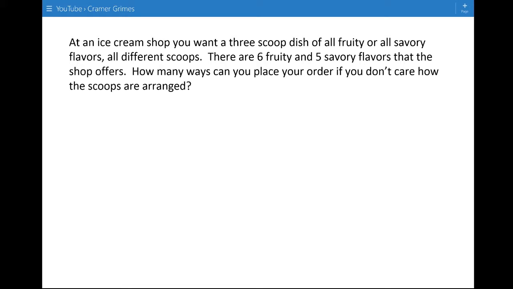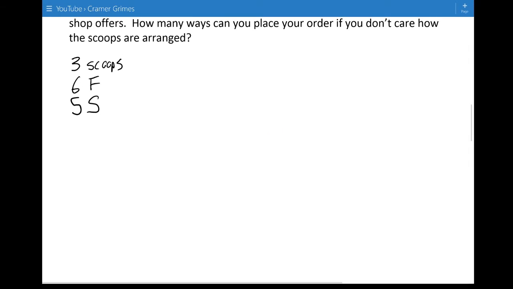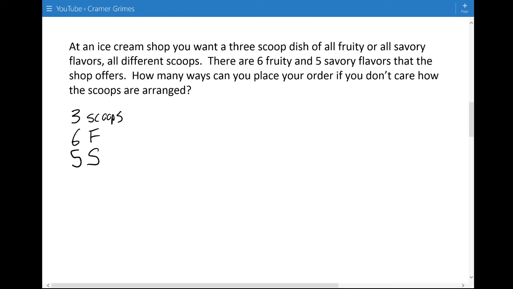One might be that we want 3 scoops, and that there are 6 fruity flavors, and then 5 savory flavors.